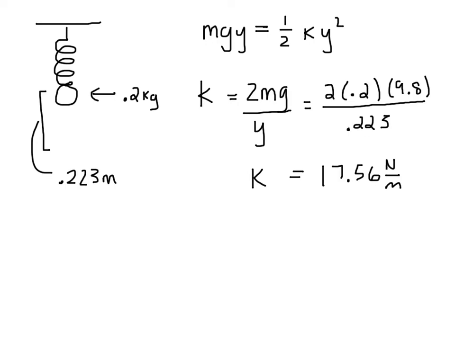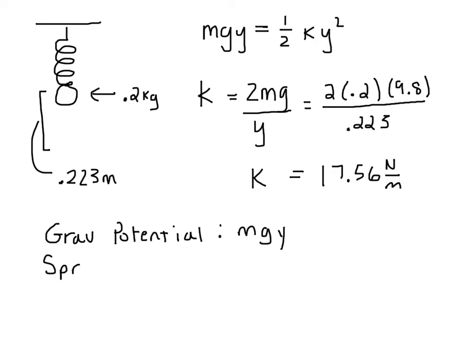So as it's falling, what's happening is 3 different types of energy are being used. We have gravitational potential, and gravitational potential depends on position, so mgy or mgh. We have spring potential, and that's equal to 1/2 the spring constant times its position squared.